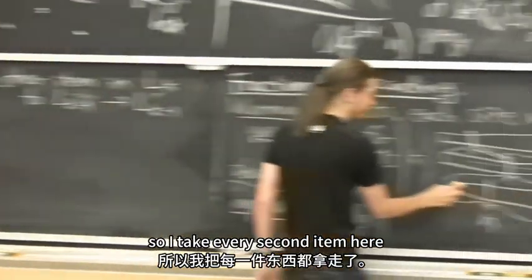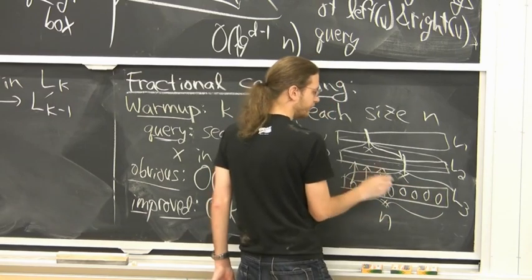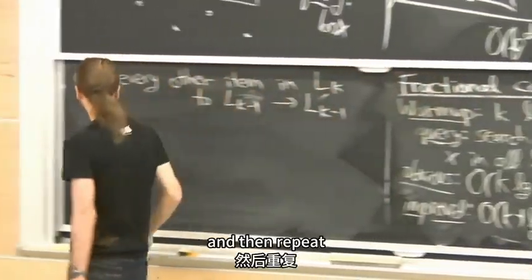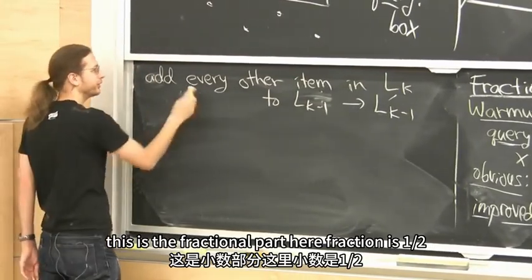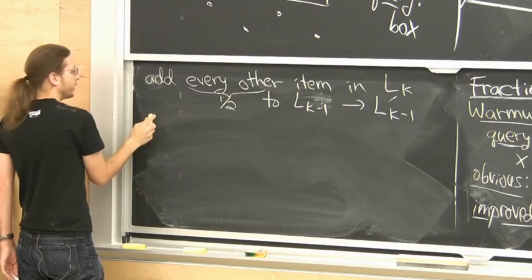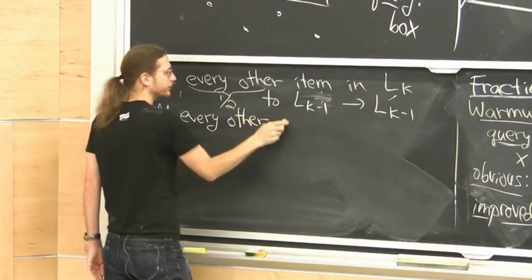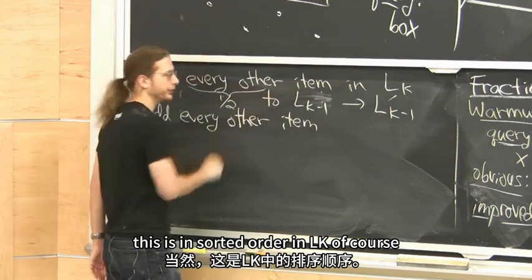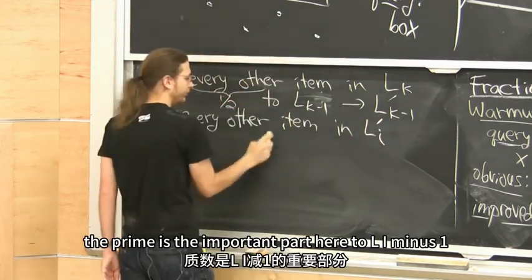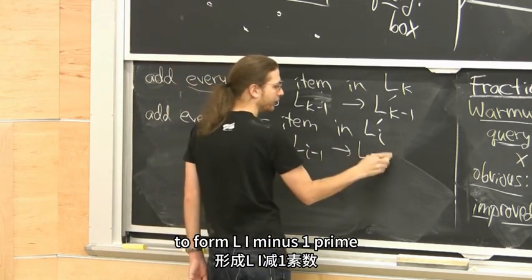So I take every second item here and just insert them into this list. It gets a constant fraction bigger, and then repeat. This is the fractional part. Here, the fraction is 1/2. You can make it whatever fraction you like, less than 1. In general, I'm going to add every other item, in sorted order in Li prime, to Li minus 1 to form Li minus 1 prime. The prime is the important part here.